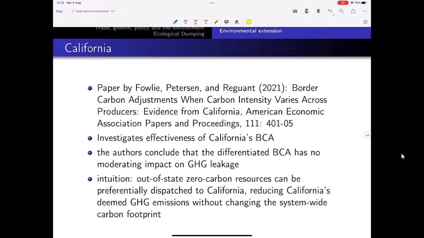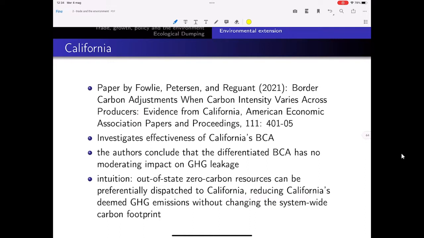Is it clear? It's quite intuitive. Production is taxed at home, and therefore production is placed outside. But then, since you have a border adjustment system in place, you import the product with the lowest emissions, and the ones with the highest emissions are just exported to some other regions. So you have a preferential trade system in place.